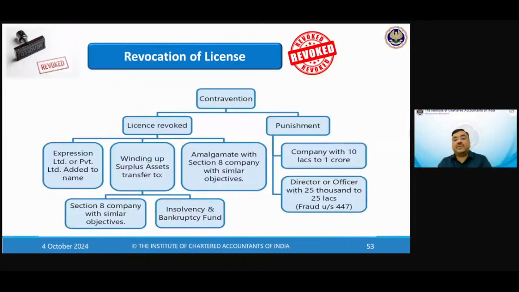But punishment is also there. In case of company, punishment is 10 lakh to 1 crore, and director or officer who are in default with 25,000 to 25 lakhs, and the fraud, then punishment under section 447 will be there, right?